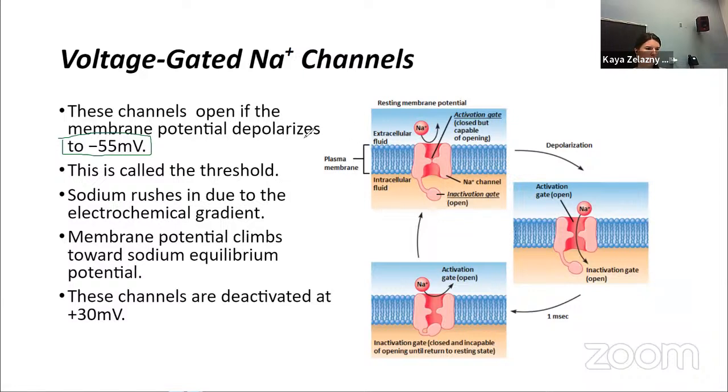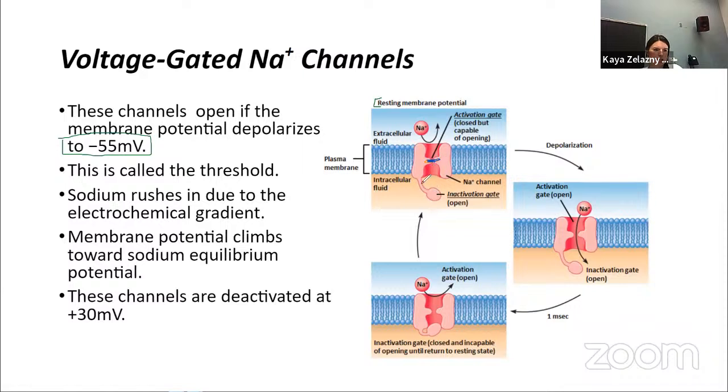So when we start out at the resting membrane potential, we're going to see that the structure of this voltage gated sodium channel is a little complex. It actually has two gates. It has what we call an activation gate here in the center. Right, so this is our activation gate.